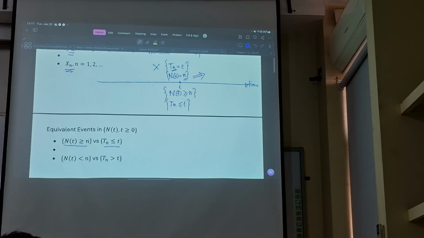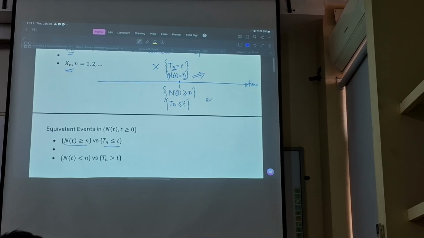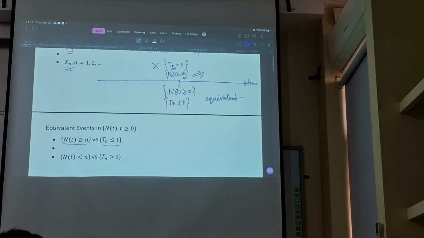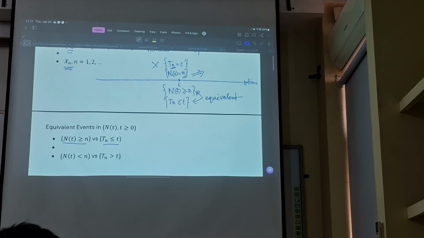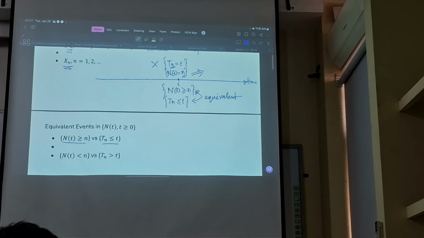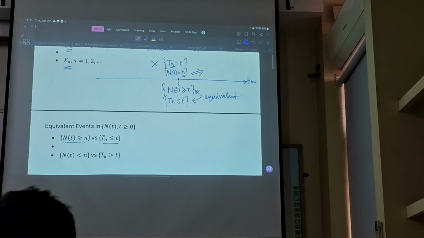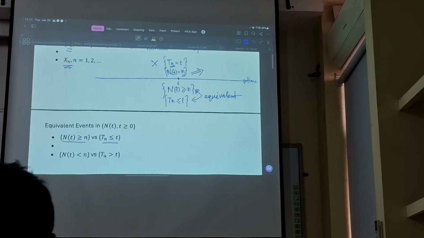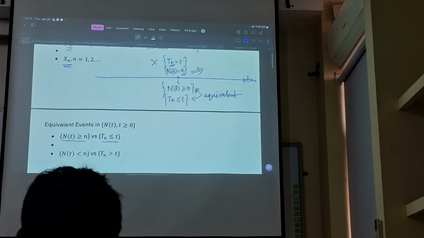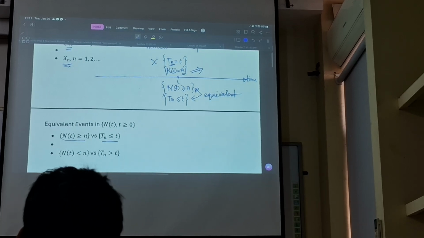My question is, are these two equivalent? Are the two events the same? Who is in favor of this, that they are equivalent, and who is not in favor, that they are not equivalent?